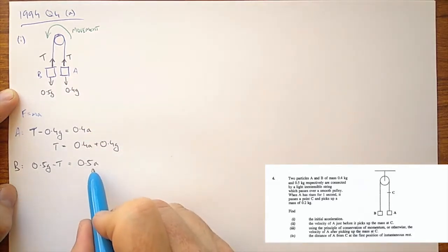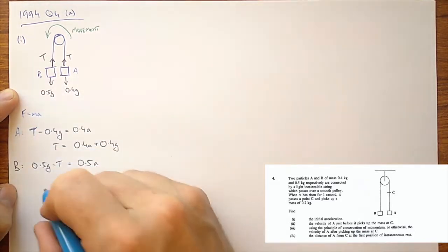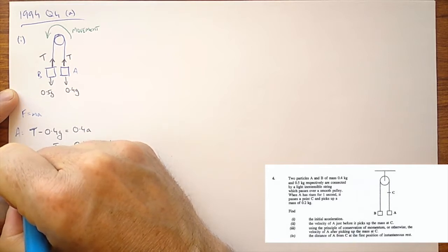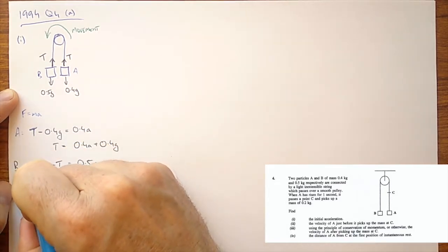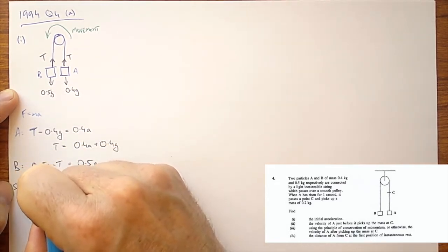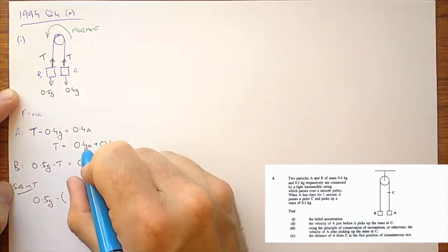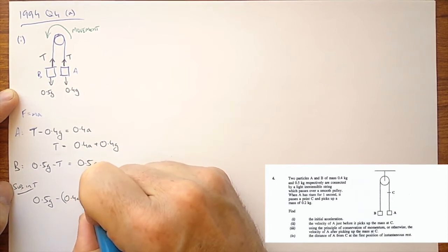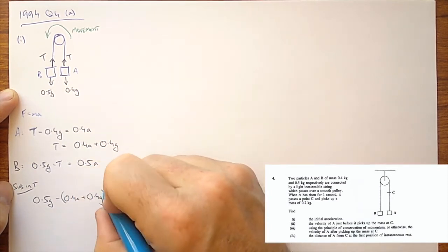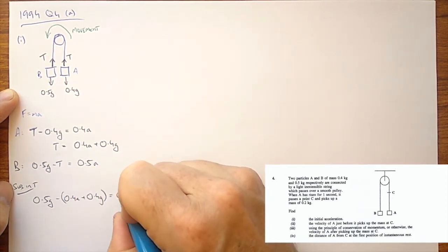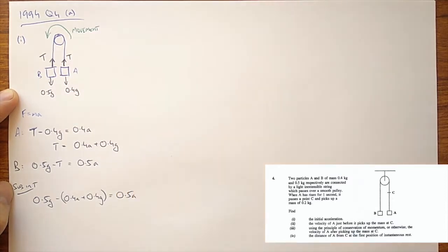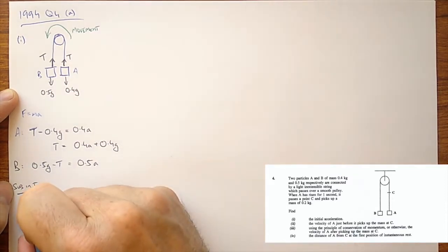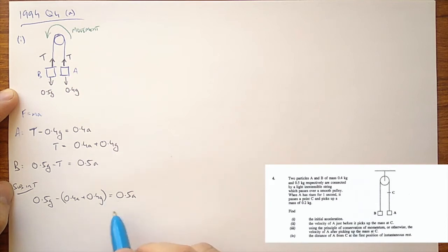All right, B. Well, B is going downwards, so 0.5 G minus T equals 0.5 A. Force, mass, acceleration. So we're going to sub in T, and put into B, so 0.5 G minus (0.4 A plus 0.4 G) equals 0.5 A. Okay, so now just a little bit of housekeeping. I'm going to do this second step in one line because the only way you'll really make a mess of this one is you'll screw up this minus sign here.